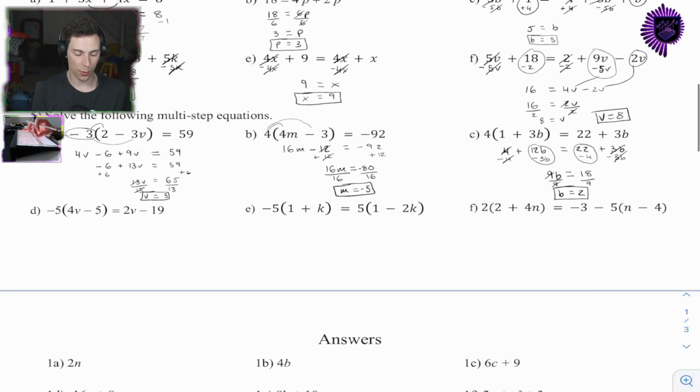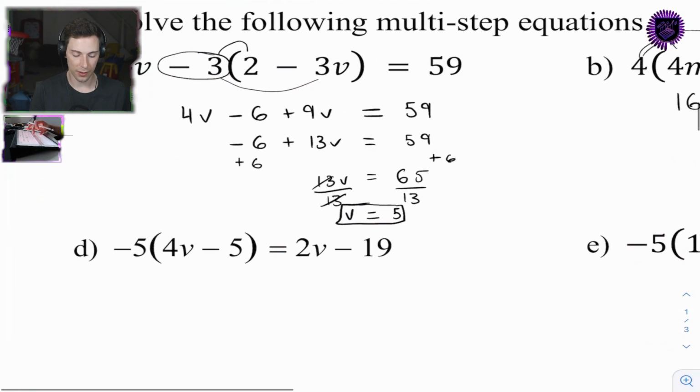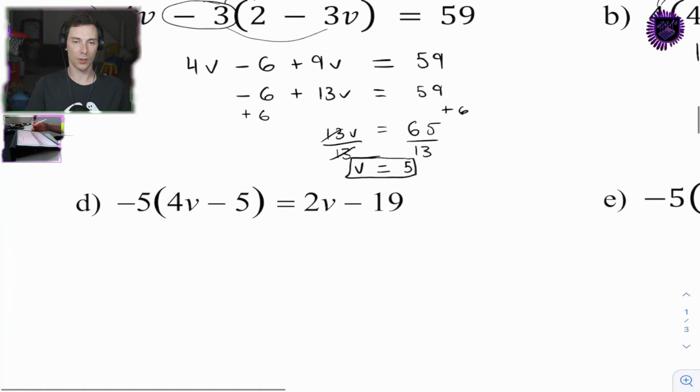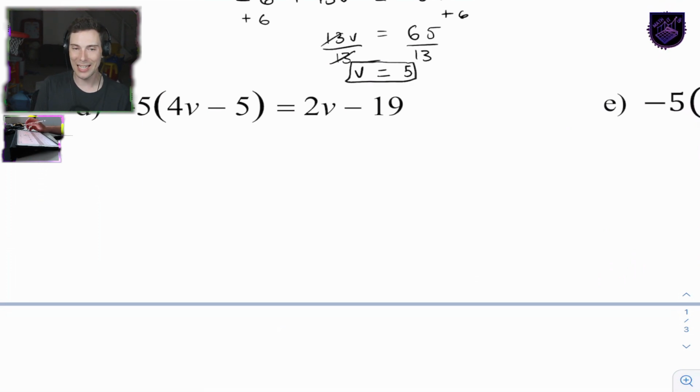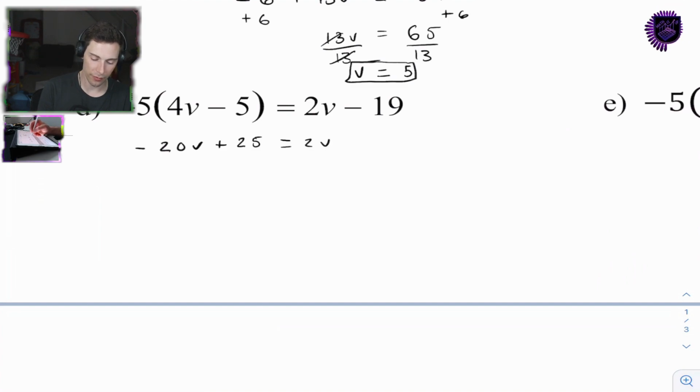5c, 5d, all right. We are going to distribute our negative 5 between everything inside the brackets. So it's going to be negative 20v plus 25 is equal to 2v minus 19.